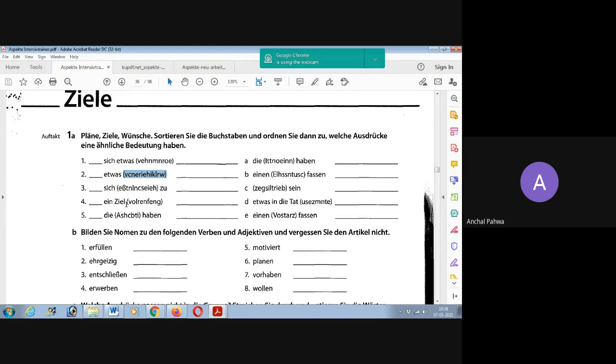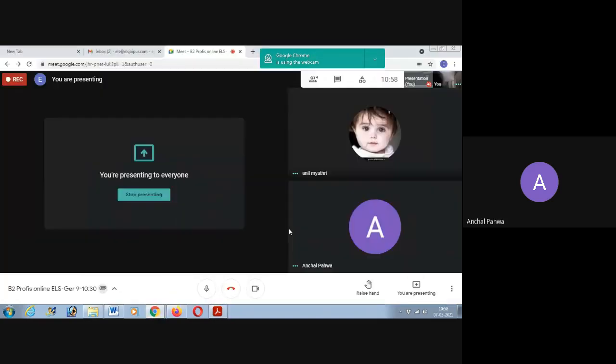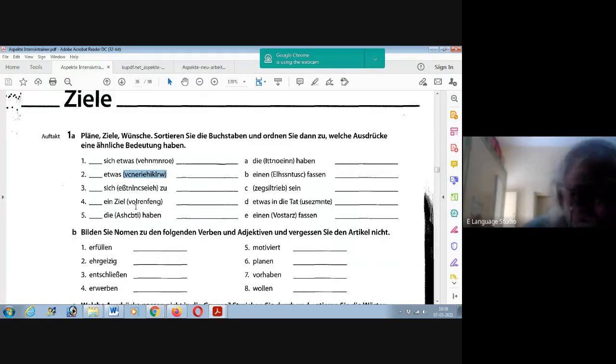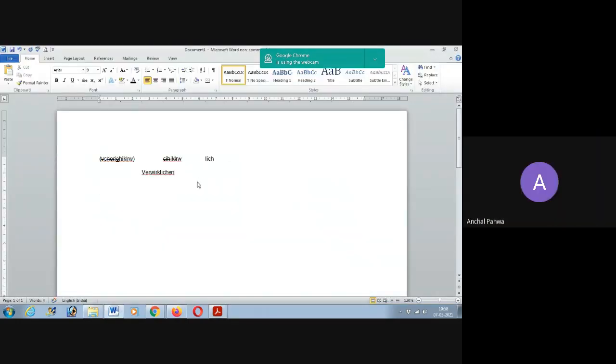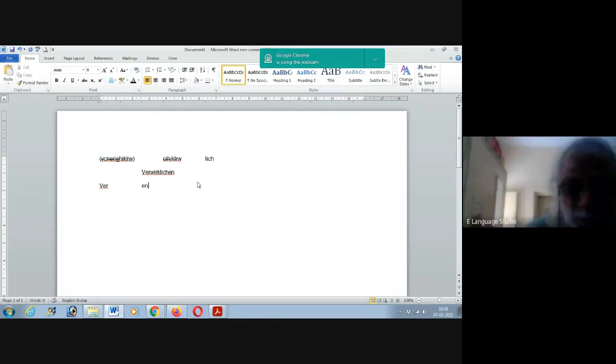EN removed. VER and then EN. What is left in between?